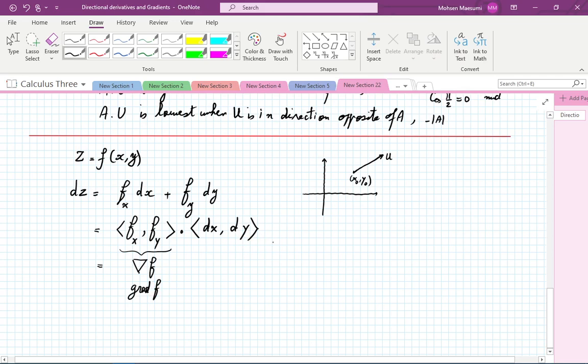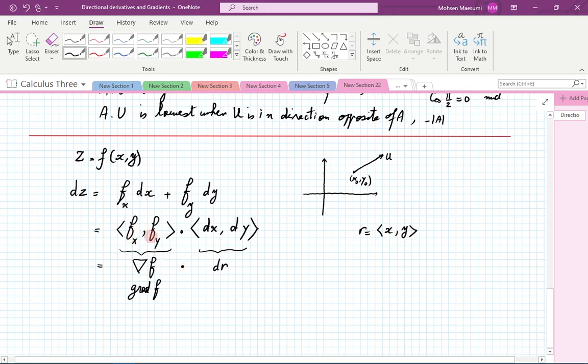(dx, dy), well, that's your displacement. There are several names for that one as well. Sometimes it's the displacement of position, so this whole thing is shown as dr. r is position, typically r = (x, y), and dr is the differential of position, and you are taking the dot product of these two.